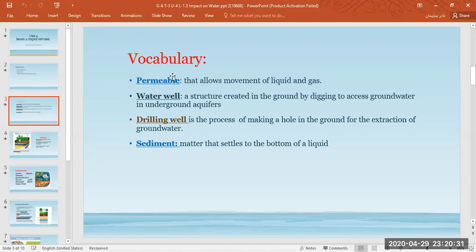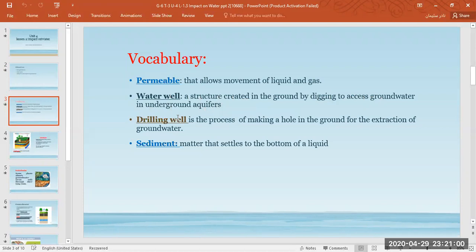Permeable means allows water to move within it, or allows liquid and gas to move through it.